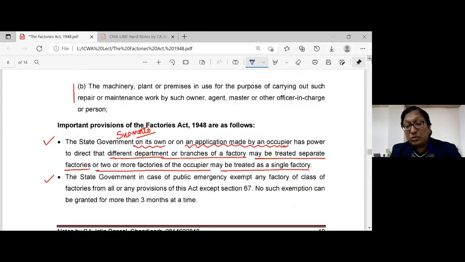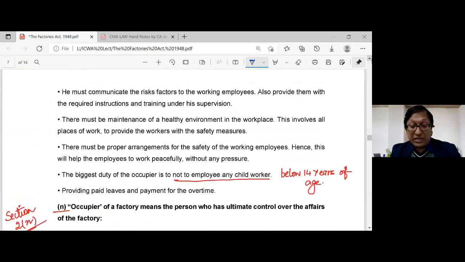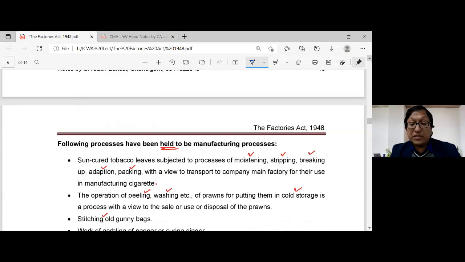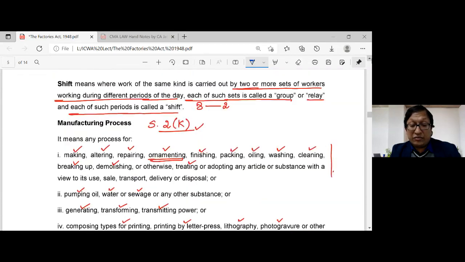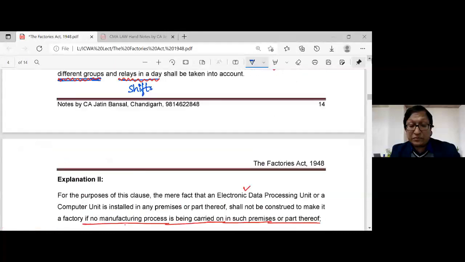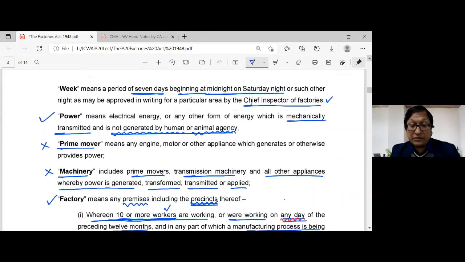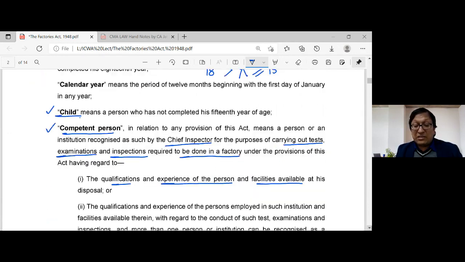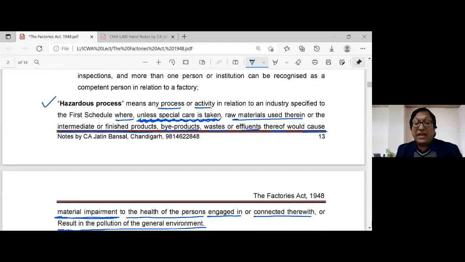Now again, we can go through whatever you were asking. Someone asked a question regarding hazardous process, what we mean by it, so I'm explaining it again. Hazardous process means any process, any activity in relation to the industries specified in the first schedule.